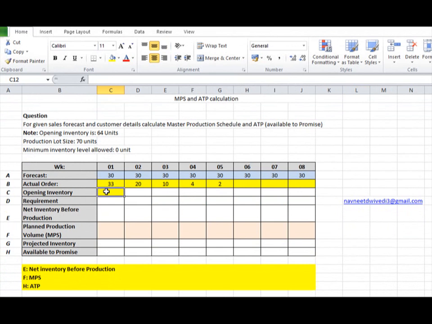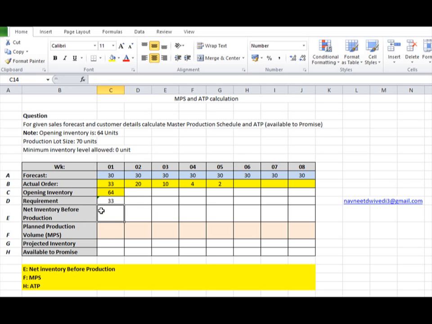Now again, opening inventory is given as 64. Requirement, again, is the maximum value of customer order or forecast. We have to select the maximum one, so it's 33. Now net inventory before production.